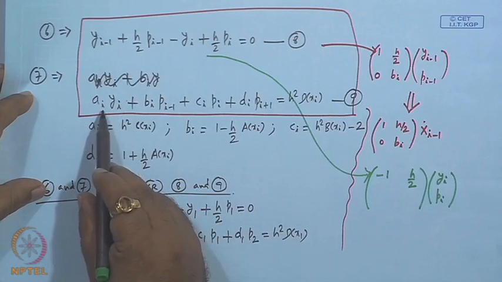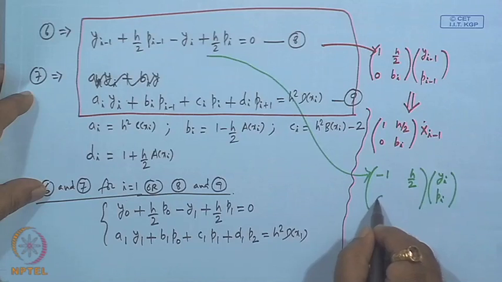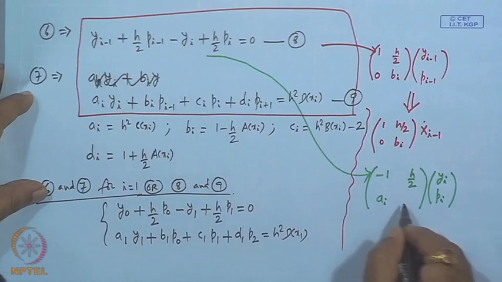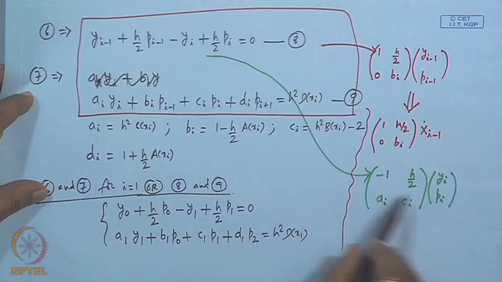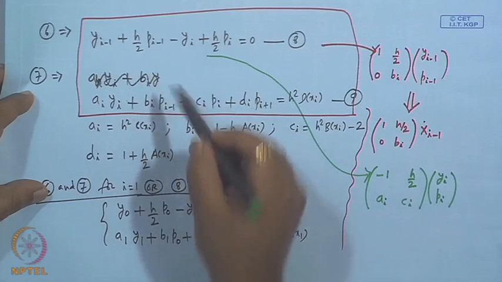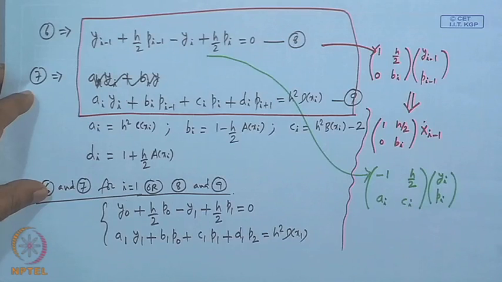Here A I is multiplying y I and C I is multiplying. Okay. So, we are getting the corresponding coefficient. So, the two equations in the matrix form.